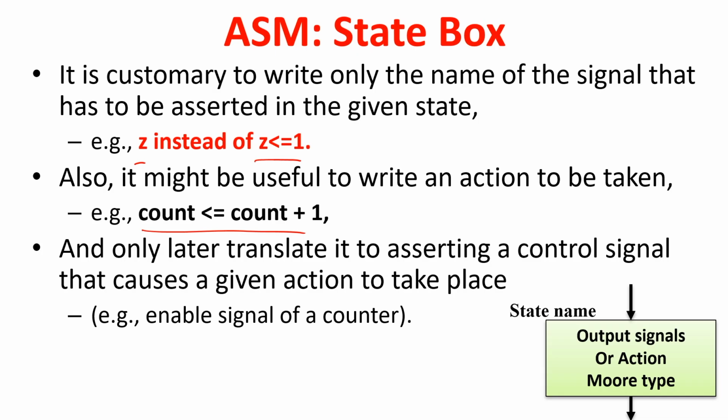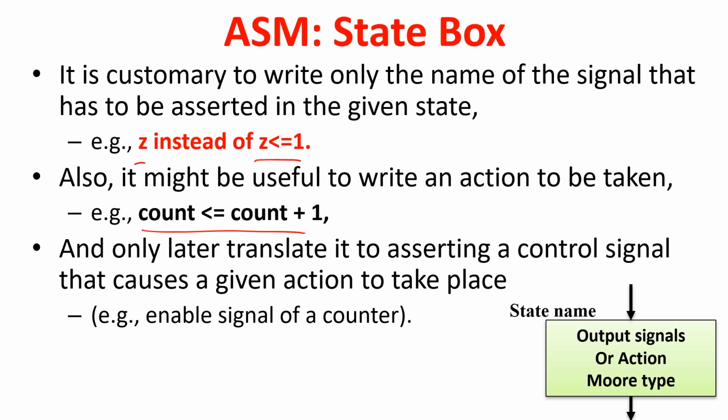Whenever we are modeling a given problem using ASM, we write at a very high level, very abstract, like count is equal to count plus 1. Later, when it sends a signal to the data path, it translates to a control signal that causes the given action to take place.